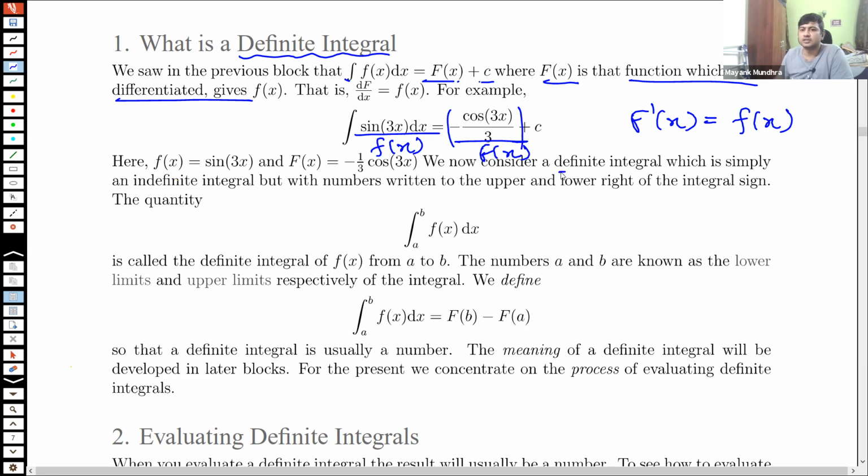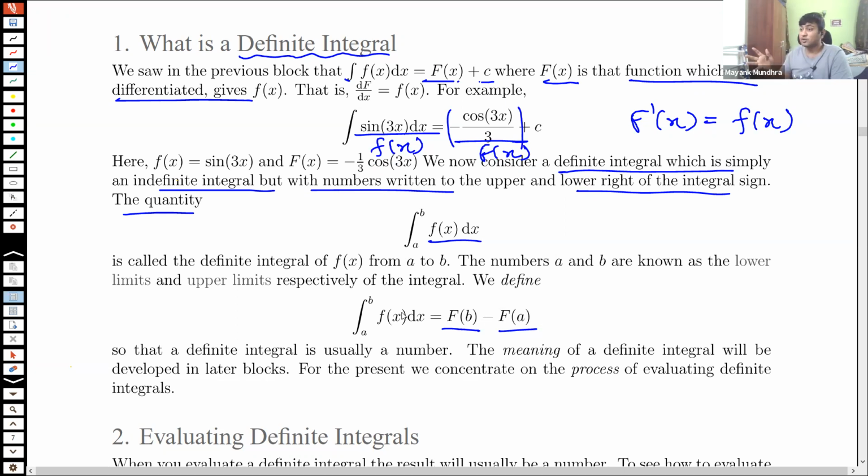So differentiating this function gives me this function. When I consider a definite integral, which is simply an indefinite integral but with numbers written to the upper and lower right of the integral sign, the quantity integration f of x dx from a to b basically means capital F of b minus capital F of a.